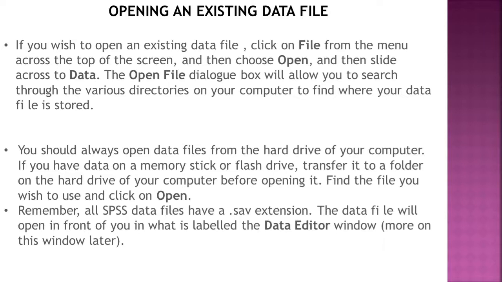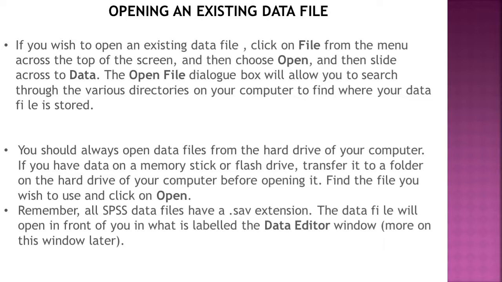You should always open data files from the hard drive of your computer. If you have data on a memory stick or flash drive, transfer it to a folder on the hard drive of your computer before opening it. Find the file you wish to use and click on Open.